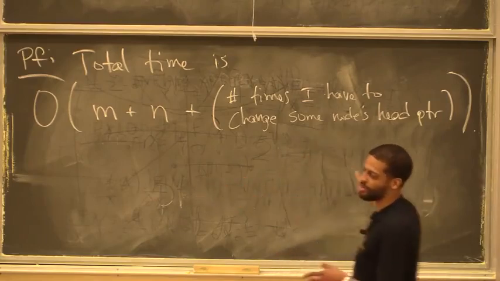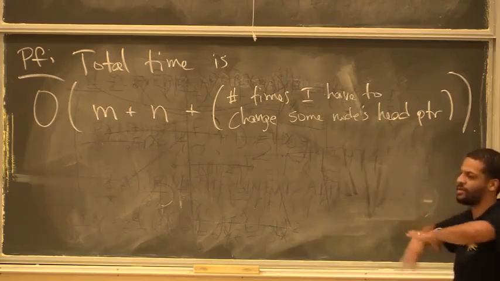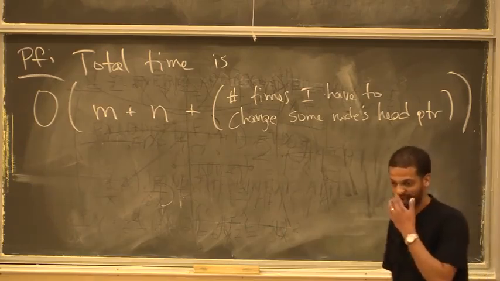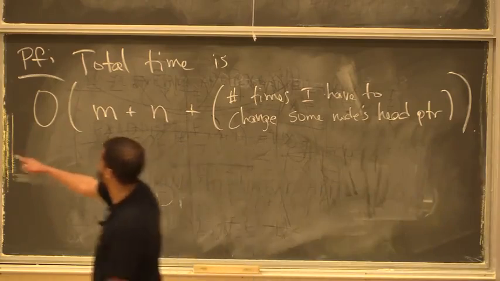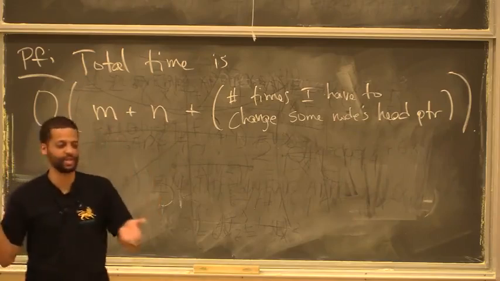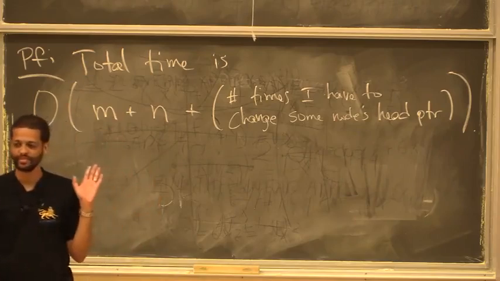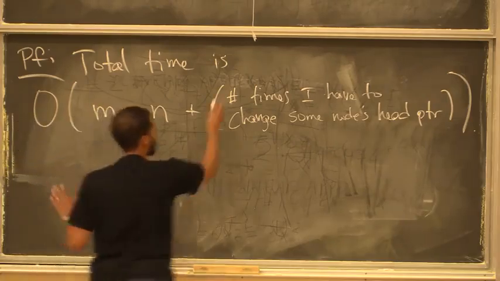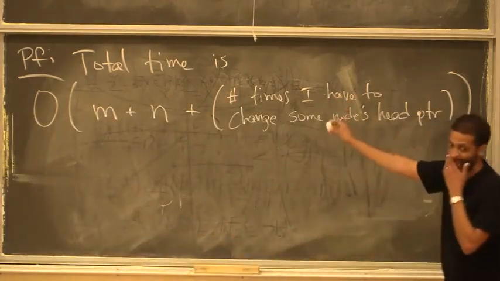This is not time per operation. This is the aggregate time of doing all the operations. So for each of the m plus 2n finds, make sets, and unions, I'm doing constant work, plus there are some times when I have to do extra work to change someone's head pointer because there was a union. So that's what this is. This is all the times I change someone's head pointer due to a union.